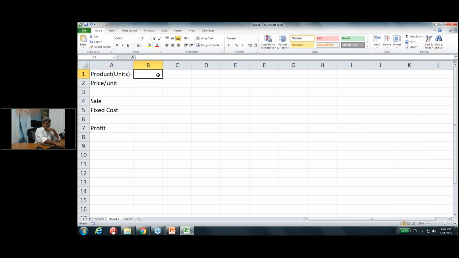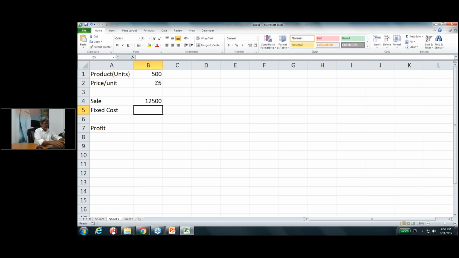For example, we have right now, just assuming that we have 500 units with us, right? And the price is, say, for example, 25 rupees per unit. What should be the sale volume that we got? If we multiply this by this, we will get the same.